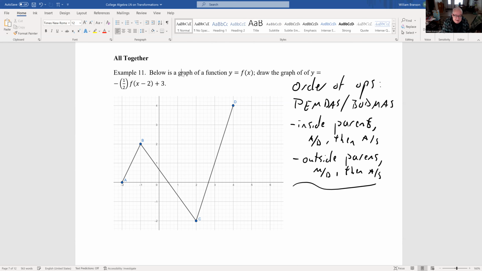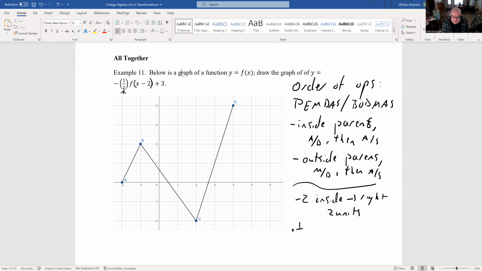So inside the parentheses, we have an x minus 2, and that means right 2 units. That's the only thing that's going inside. We don't have multiplication or division. But outside, we have a multiplication by 1/2.